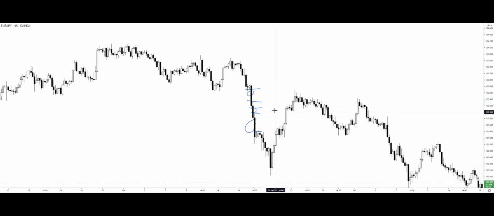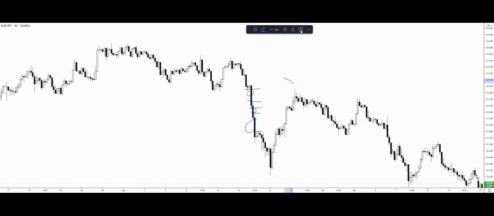However, it's all supply and demand. In order for price to rebalance itself, there needs to be a seller for the buyers, because when you learn the basics, you understand that for every buyer there needs to be a seller in the market. But in this case, when we see imbalances, there is no buying pressure. It's all selling pressure. So price will need to come back to meet its sellers and look for a price to sell at.